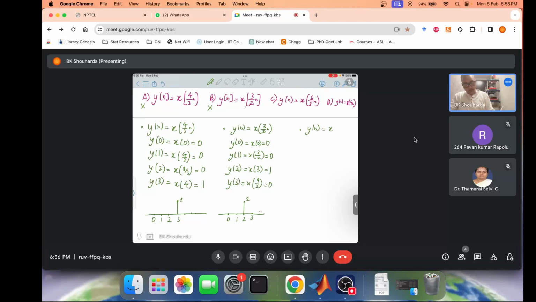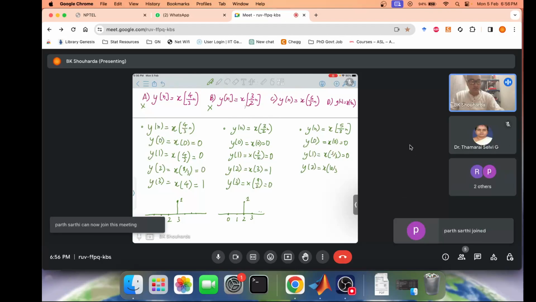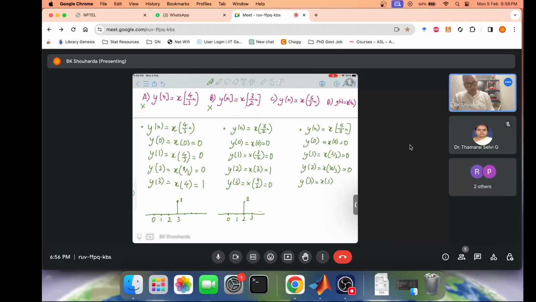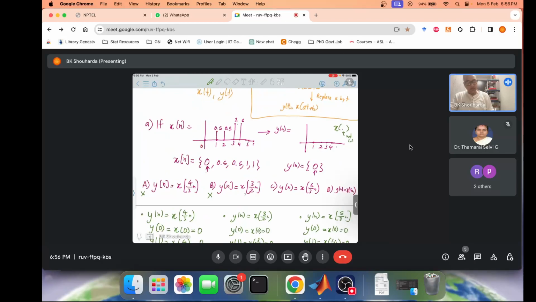Now you check this out: x[5/3 n]. Okay, so y[0] is the same. y[1], x[5/3], it's a fraction, so it becomes 0. y[2], x[10/3], that's still 0. y[3], that's x[5], but note over here, as I told you earlier, everything outside 0 to 4 is still zeros, right?